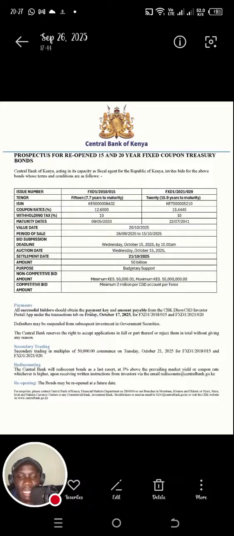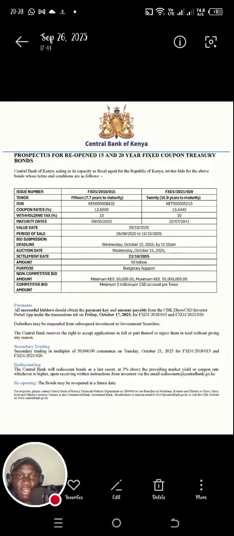Remember that you'll have to sell it at the prevailing rate at the time you want to sell it. So we cannot tell at what price you'll be able to sell your bond. Right now we cannot predict what kind of price you'll get in the market at that time. Then the Central Bank of Kenya will rediscount that bond for you as a last resort.